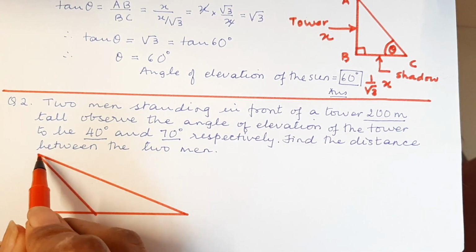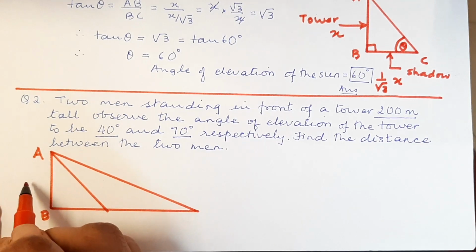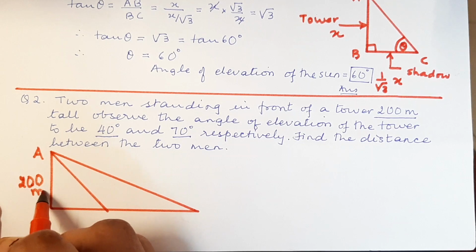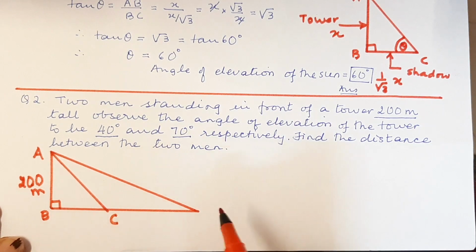So we have this vertical line, we'll call this AB, and this will be our 200 meter tower, 90 degrees with the ground. So this is the ground level. We shall call these points C and D.